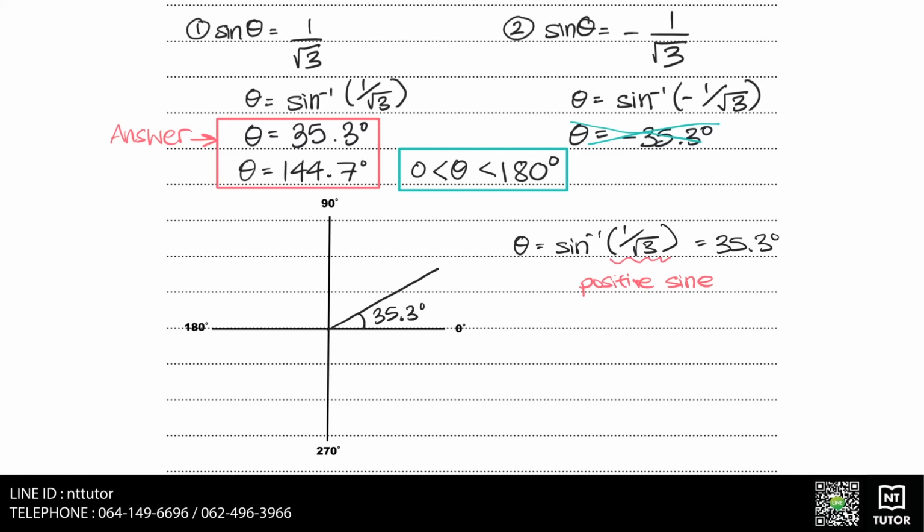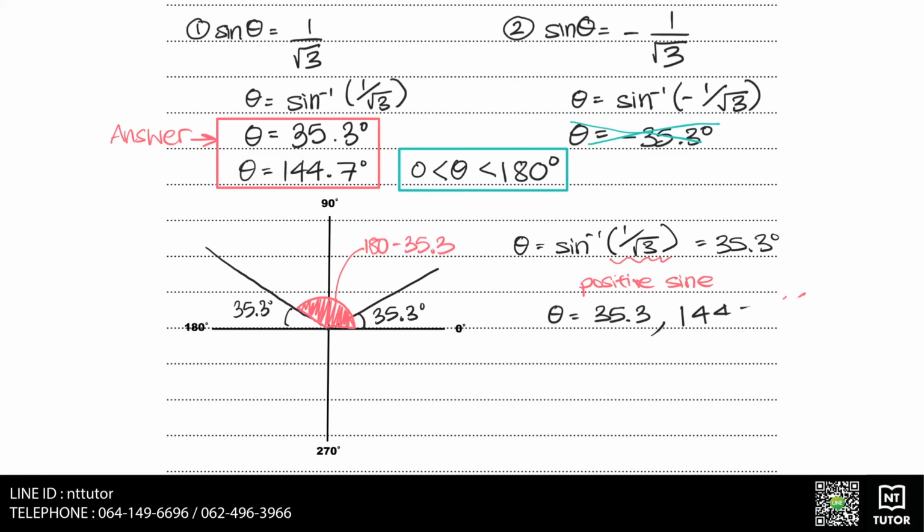So we can draw another angle, 35.3 degrees, in that quadrant. And angles are always measured anti-clockwise from the positive x-axis. Therefore, the angle that corresponds to that line is 180 minus 35.3 degrees, which equals 144.7, just like we got from using the sine graph.